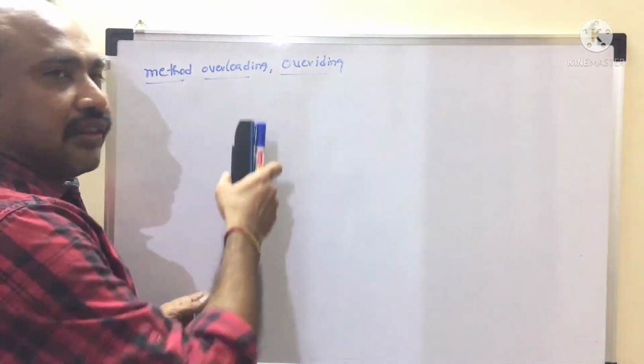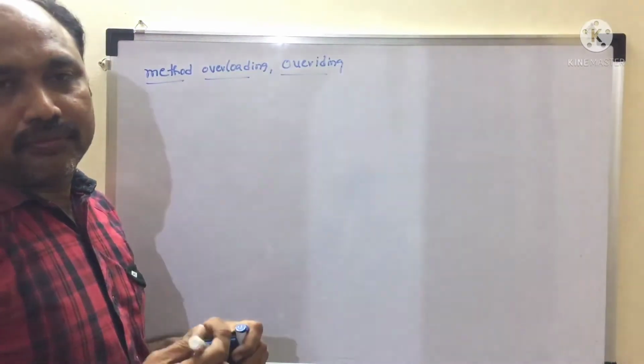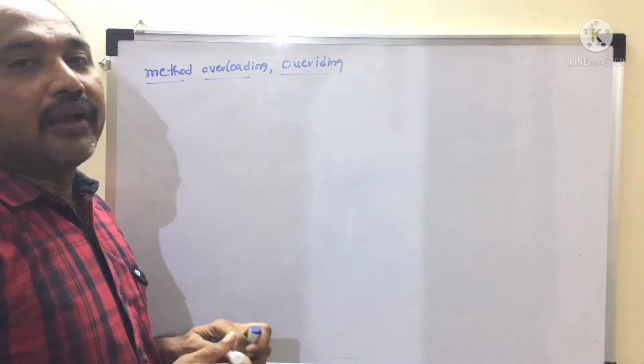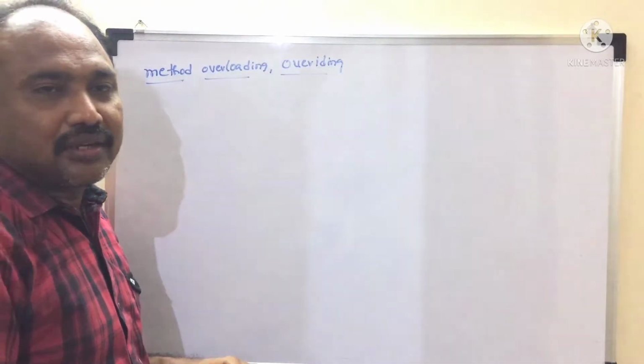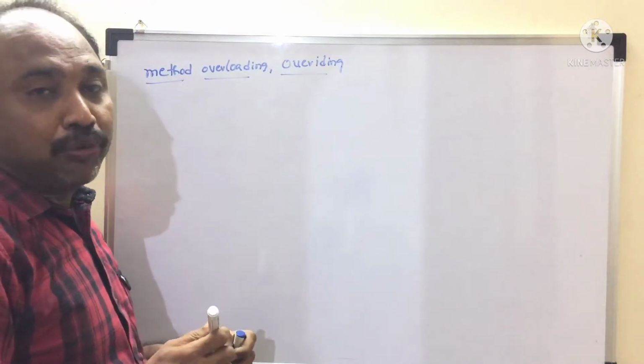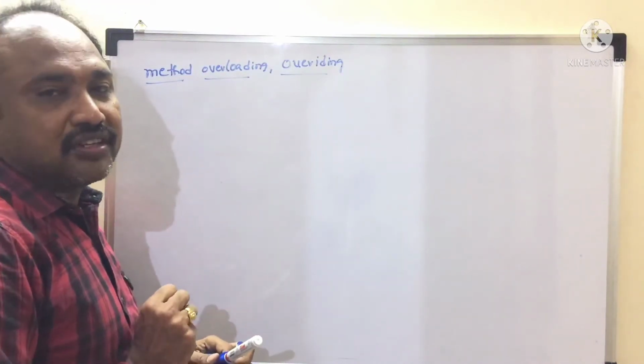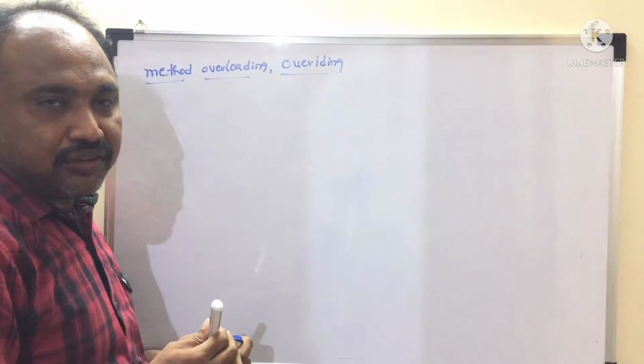Both of these come under the category of polymorphism. Poly means many, morphism means forms. A single thing which is used to perform multiple tasks is referred to as polymorphism.